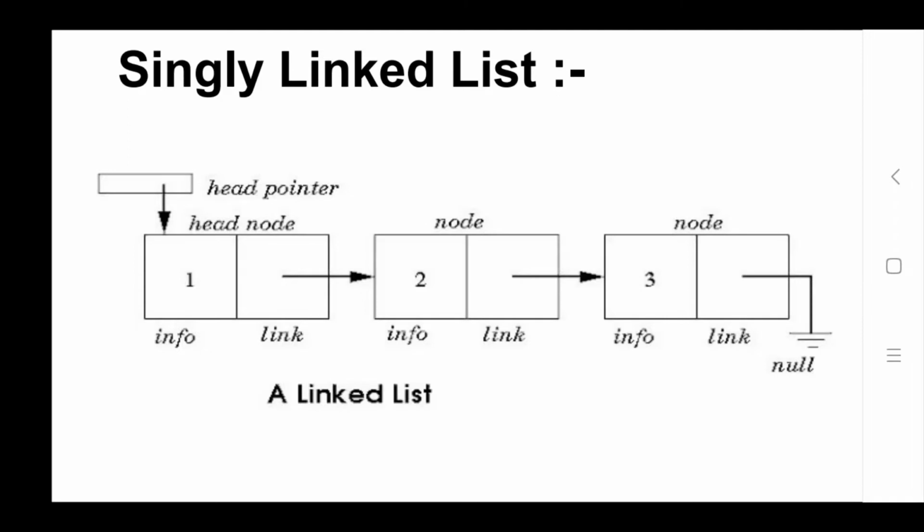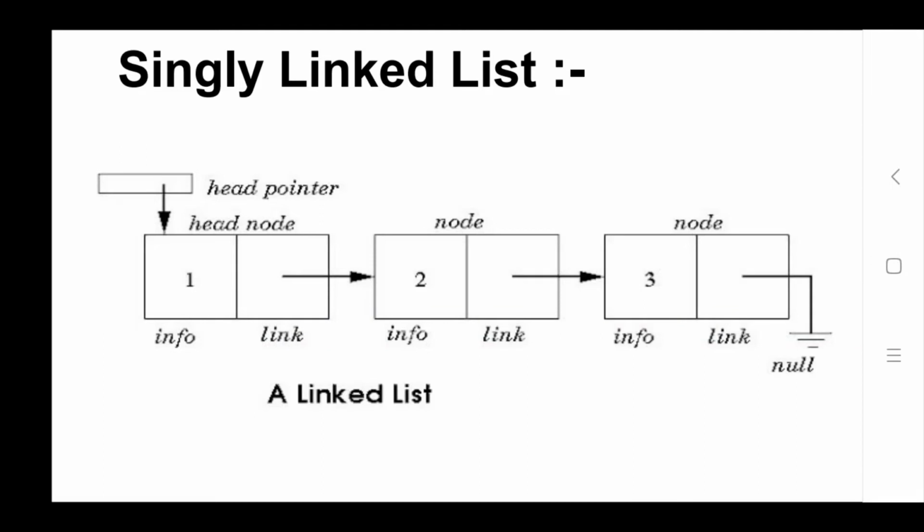The singly linked list is a linear data structure in which each element of the list contains a pointer which points to the next element in the list. Each element in the singly linked list is called a node.